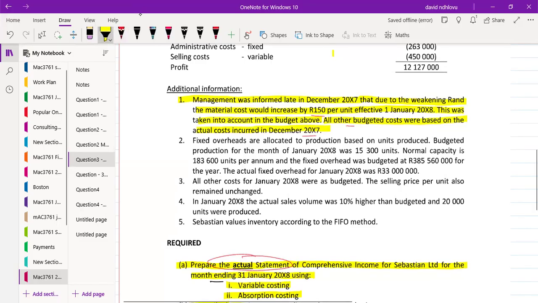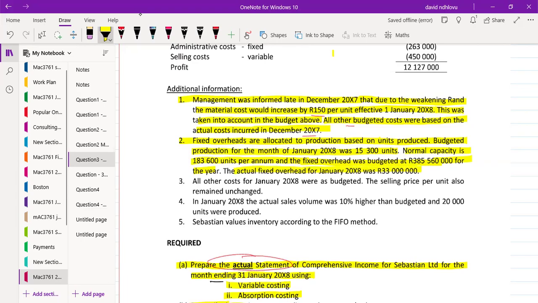Now, the fixed overheads are allocated to production based on units produced, and the production for the month of January is 15,300 units. Normal capacity is 183,600 units per annum, and the fixed overhead was budgeted at 385,560 for the year. The actual fixed overhead for January was 33 million.